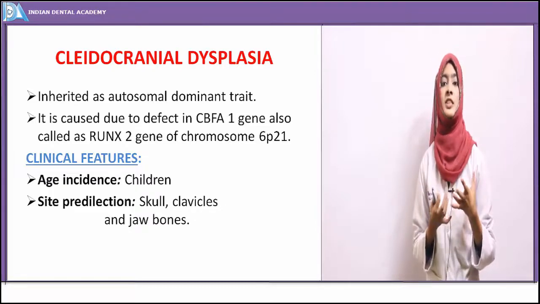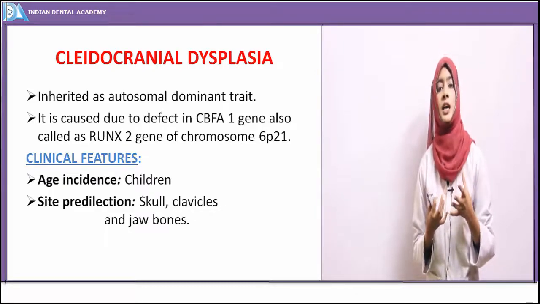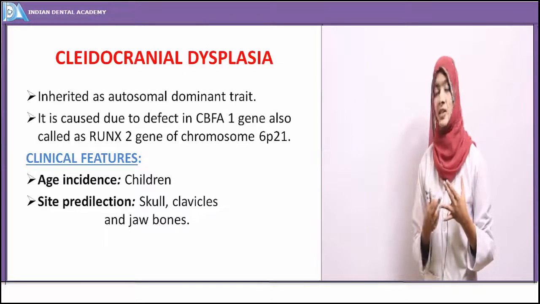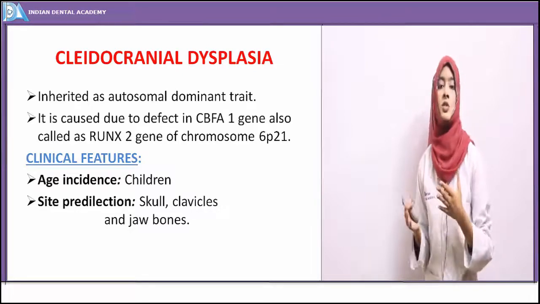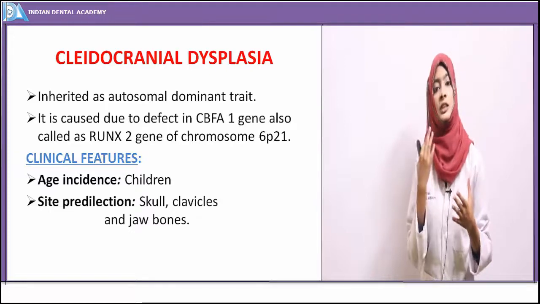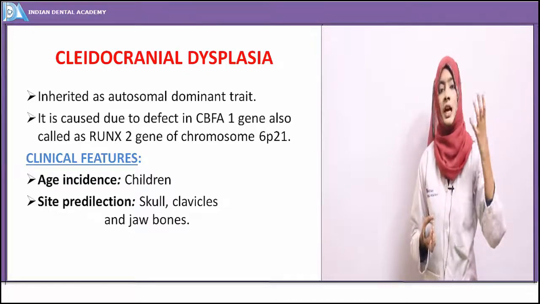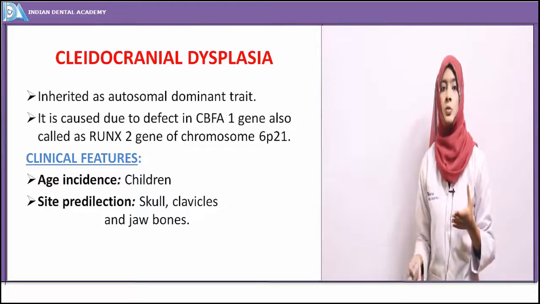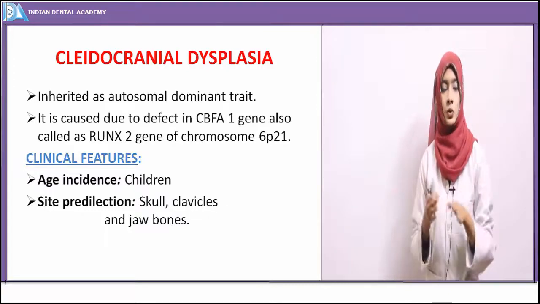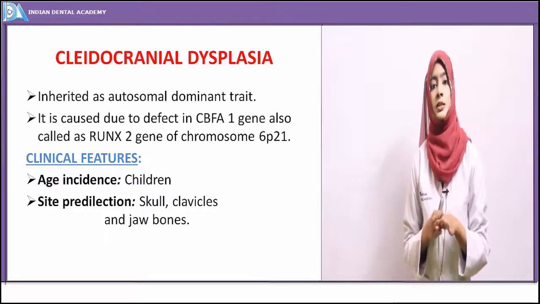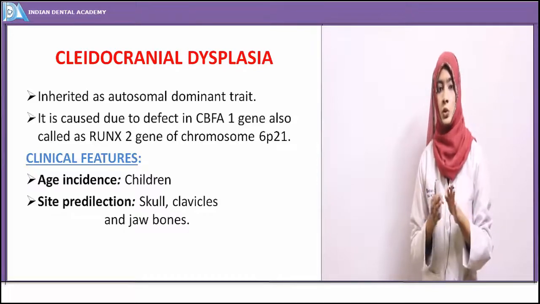Most commonly affected bones are the skull bones, clavicles and the jawbone. This disorder affects the skull, jaw, teeth. Like what happens in the skull? Normally the sutures are supposed to close by the time the individual develops. So during development, the sutures should close.